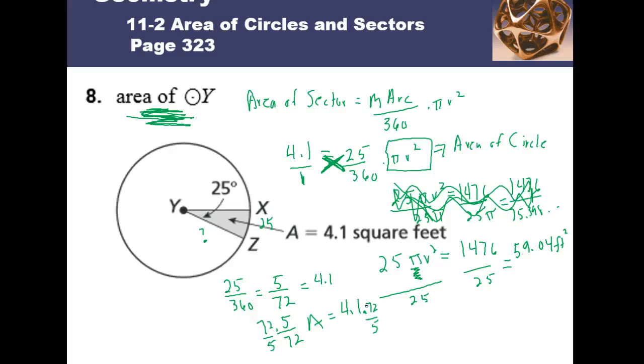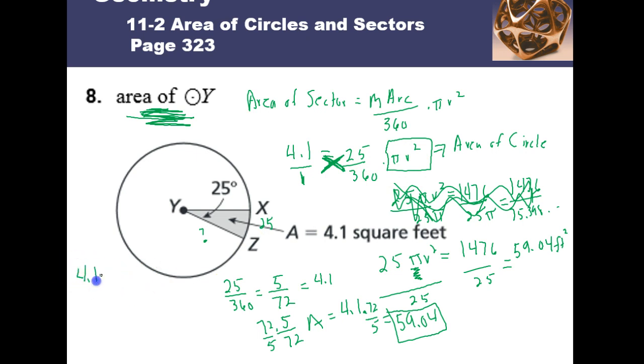And I get the same answer, the 59.04 feet squared. So that's the other way that you can do it. But again, you know, just cross multiplying here.